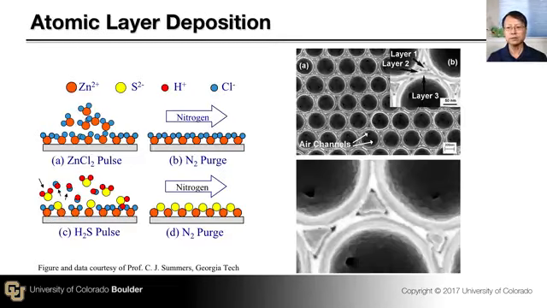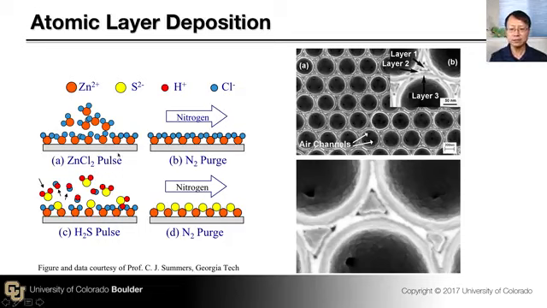Another important technique is atomic layer deposition. This technique was originally developed as an epitaxy technique, but nowadays it's more commonly used as just atomic layer deposition. In other words, the film doesn't really conform to the crystal structure of the substrate. Atomic layer deposition is very similar to chemical vapor deposition. However, it uses a particular chemistry that is self-limiting.